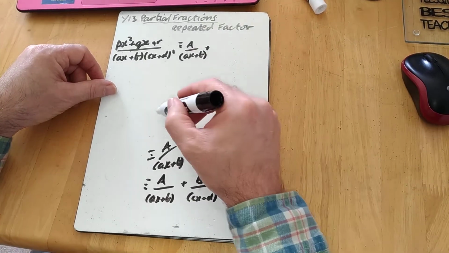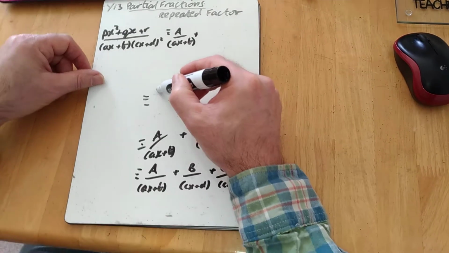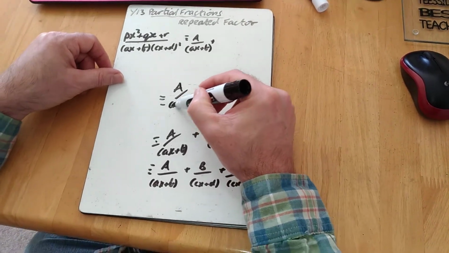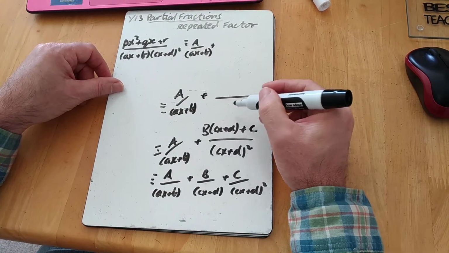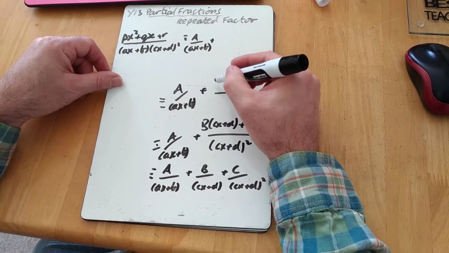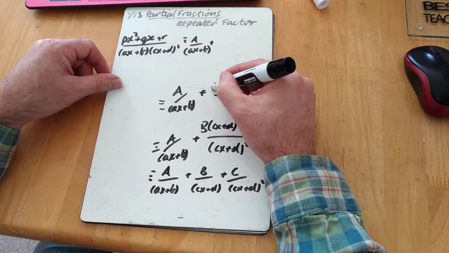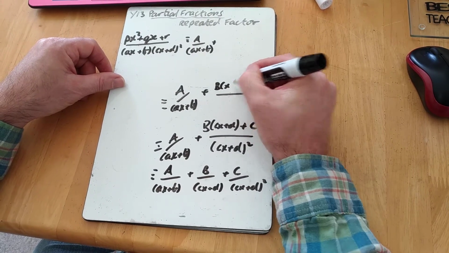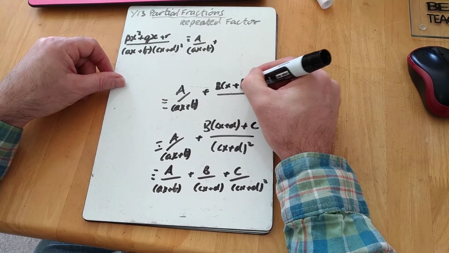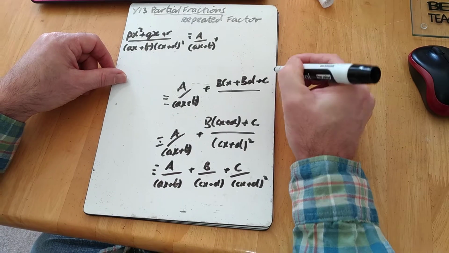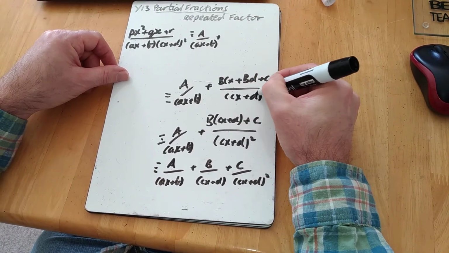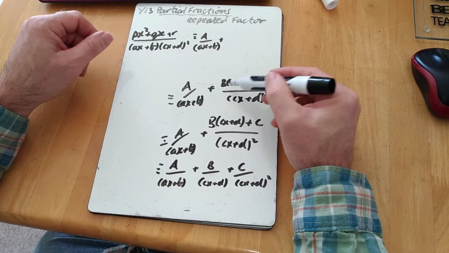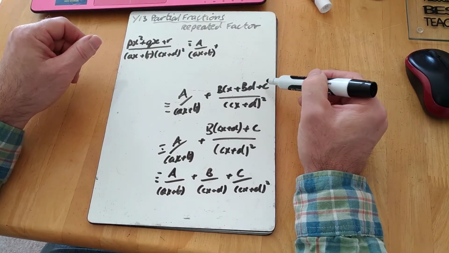So here I end up with bcx plus bd plus c over the little cx plus d all squared, and all that is just a linear expression.